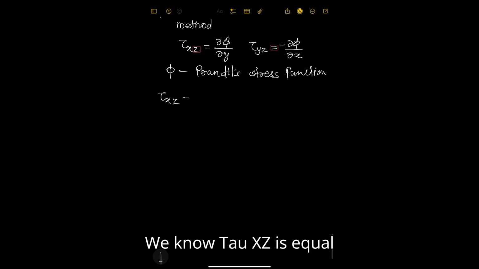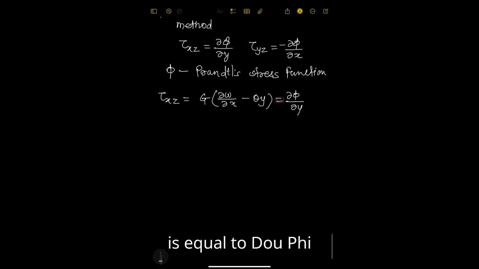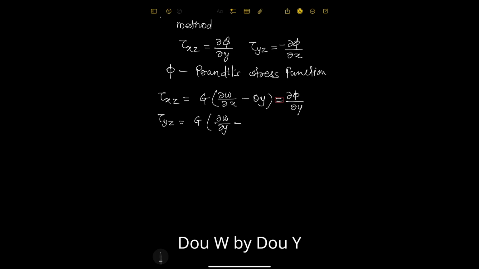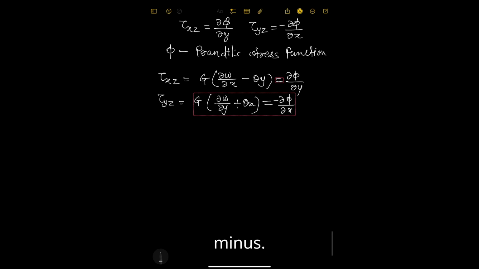We know tau xz is equal to G into dou w by dou x minus theta y, which is equal to dou phi by dou y. Tau yz is equal to G into dou w by dou y plus theta x, which is equal to minus dou phi by dou x.